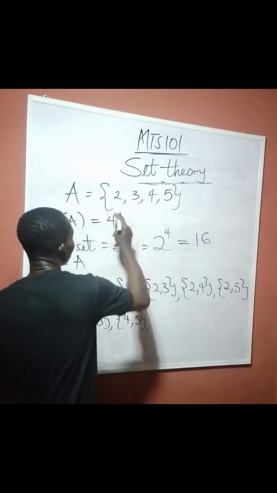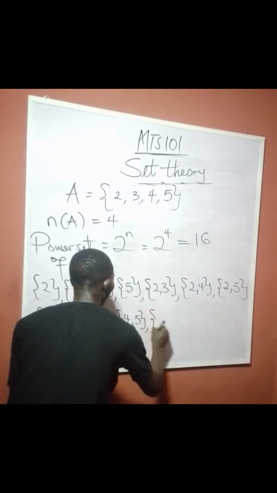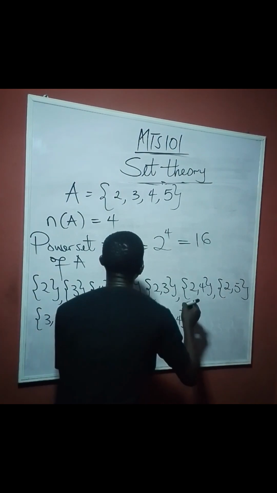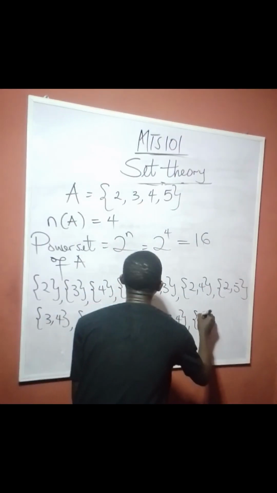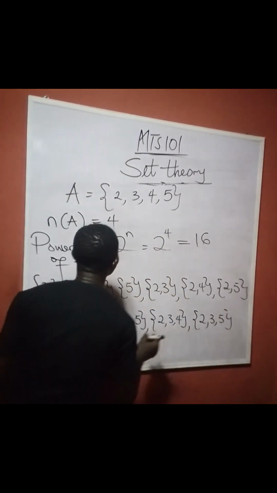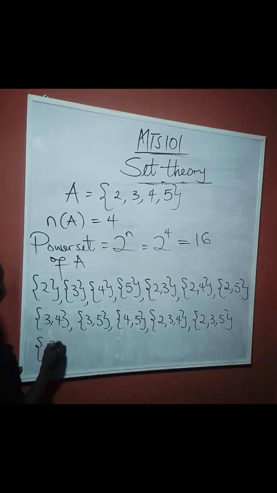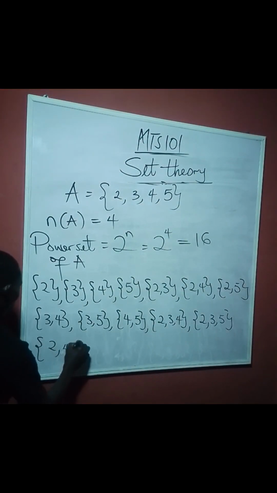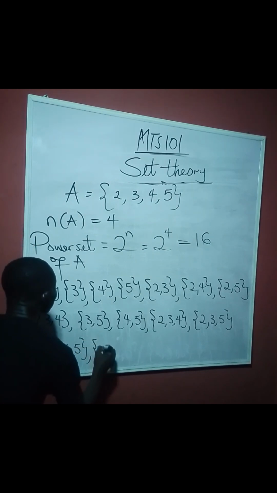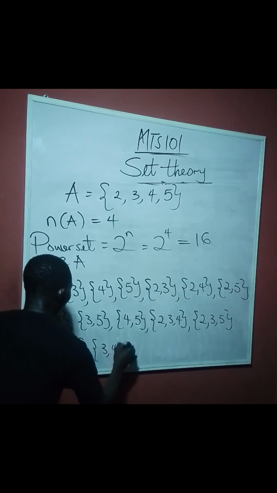Now let's pick in threes. That's 2, 3, 4; 2, 3, 5; 2, 4, 5; and 3, 4, 5.